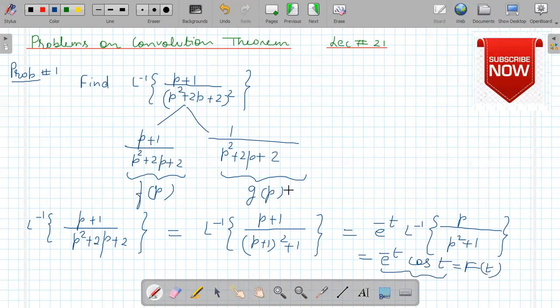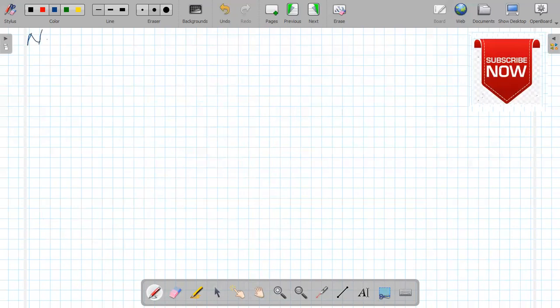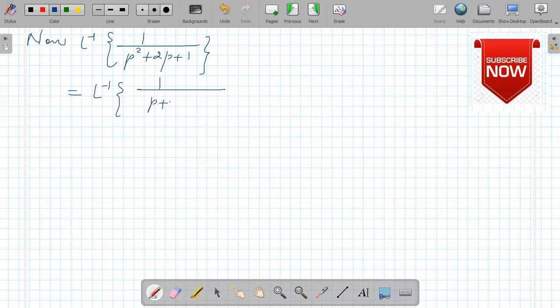Now we find gt. So we'll take the Laplace inverse of 1 upon (p square plus 2p plus 1). We also make it a perfect square to use the first shifting theorem: (p plus 1) whole square plus 1.